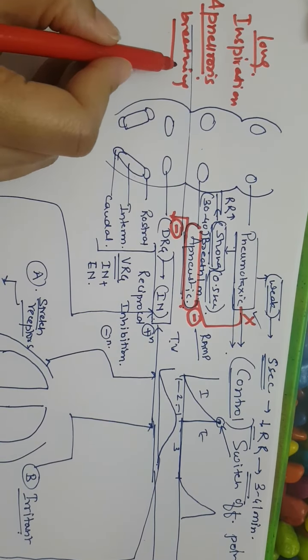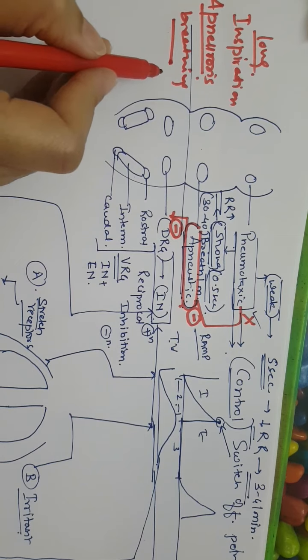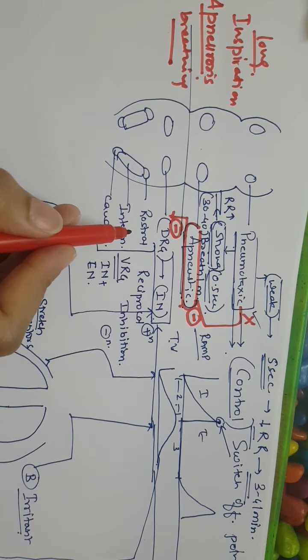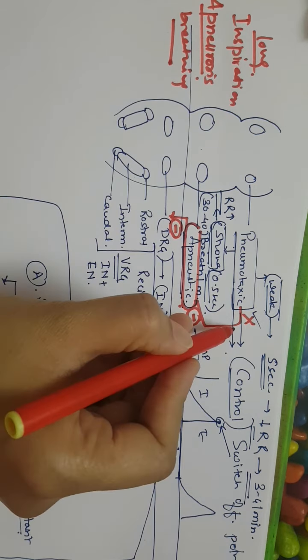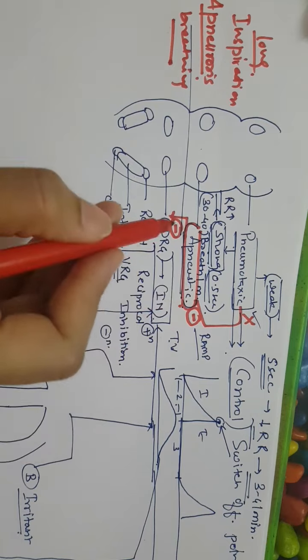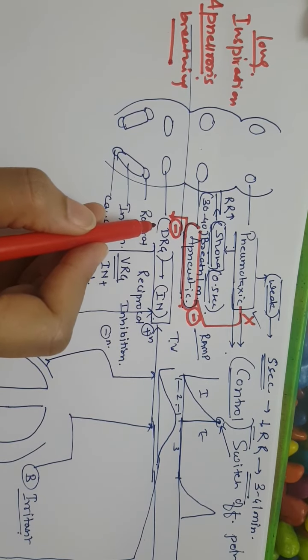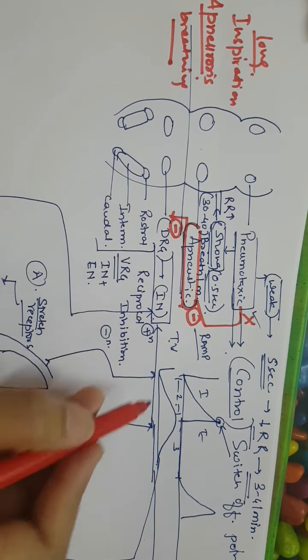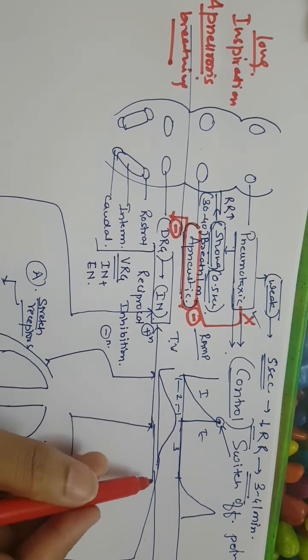This apneustic breathing means long inspiration with a small gasp of expiration. That is called apneustic breathing. So pneumotaxic center will inhibit the apneustic center. Normally the apneustic center will inhibit the DRG. So inspiratory ramp signals will be kept in check or controlled. So it will remain only for 2 seconds, and then it will abruptly close for 3 seconds.